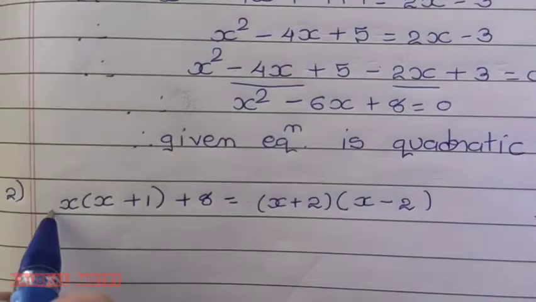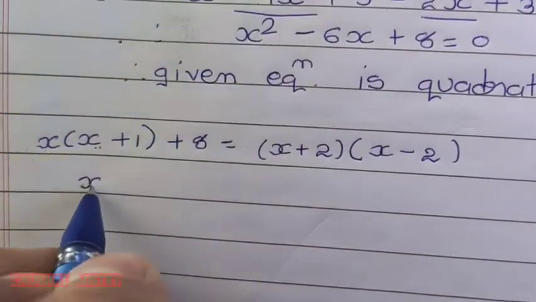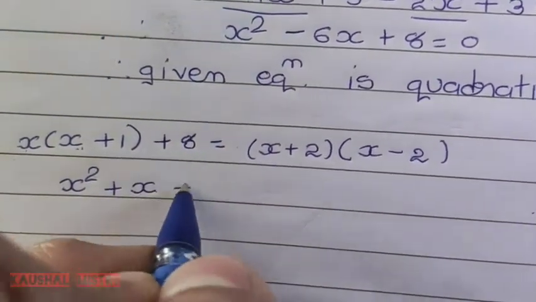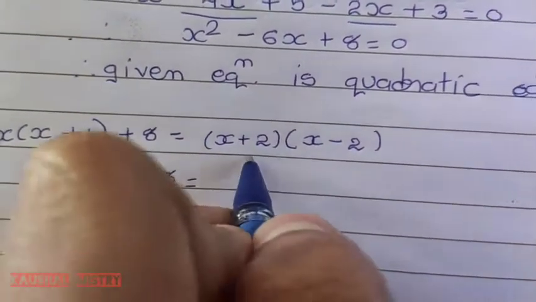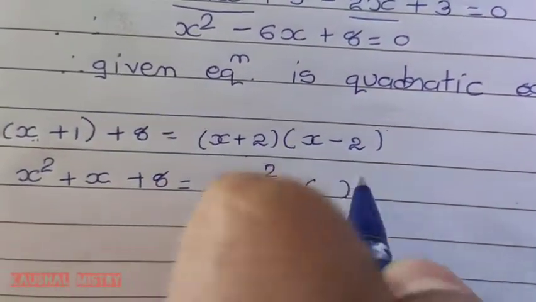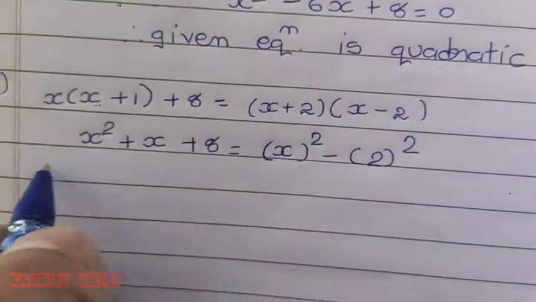Now here x in the bracket x plus 1 multiplied by x plus 8, that means x multiplied by x is x square, 1 multiplied by x is x, plus 8. Now here it is a plus b and a minus b, so that is a square minus b square, with x and 2.